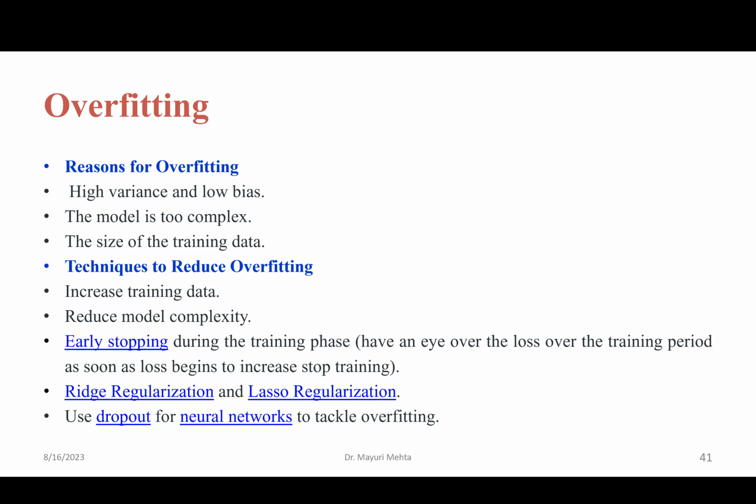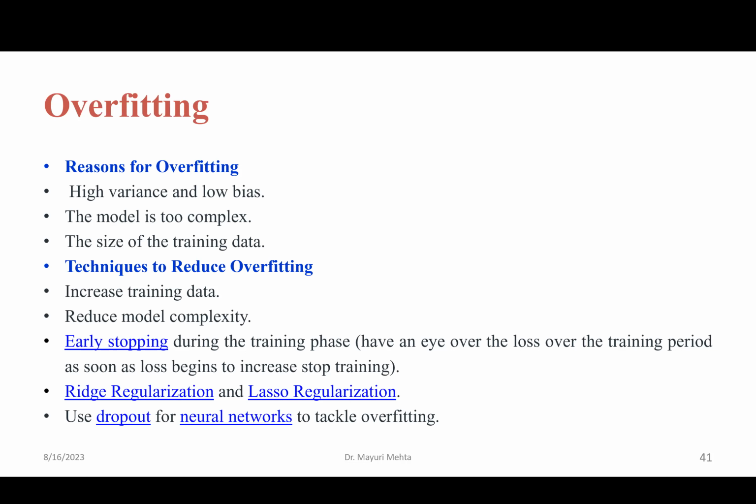To get a good fit, we will stop at a point just before where the error starts increasing. When the error starts increasing, we should stop. At this point, the model is said to have good skills on the training data set as well as our unseen testing data set. This is called a good fit.